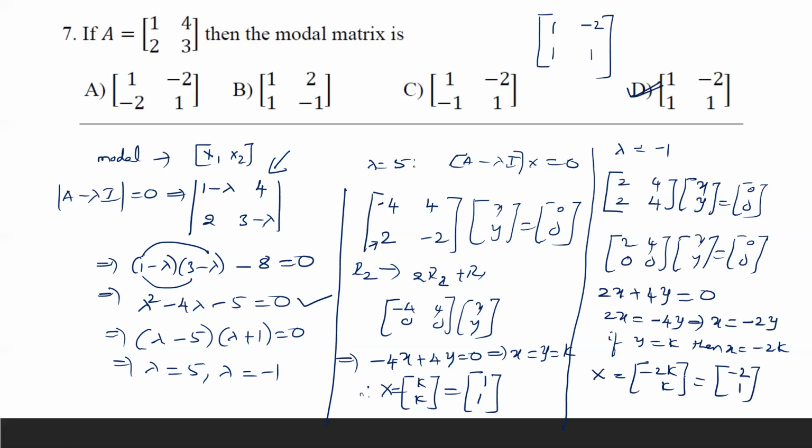Sometimes we may take this second vector as the first column there. That is also possible, because if they consider the second eigenvalue as the first one in their calculation, they may consider this minus 2, 1 as the first column, and then the second column as 1, 1. In either way, you can identify the answer. So anyway, as it is given in this question, this is the right option, D.